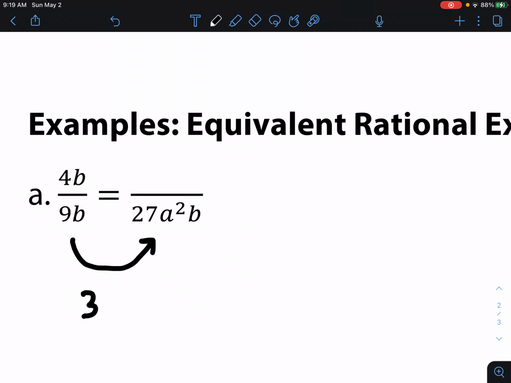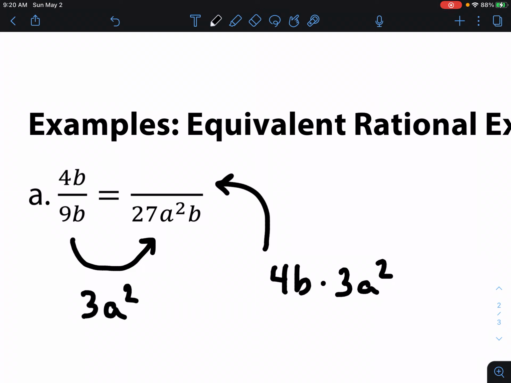So we have to multiply the numerator by this same 3a squared. So this right here is going to be 4b times 3a squared. My equivalent fraction now is 4 times 3 is 12, and then we have a squared b.